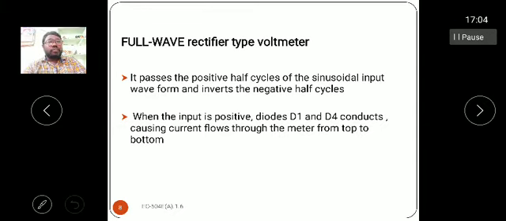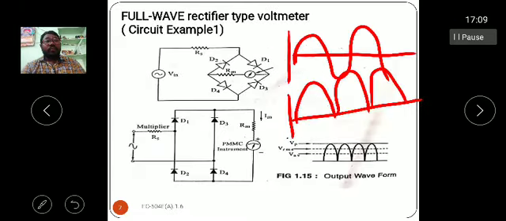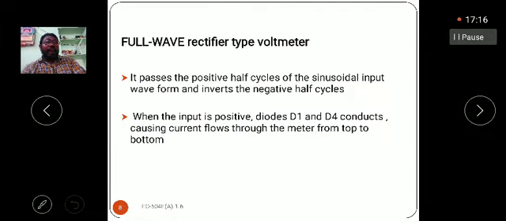When the input is positive, diodes D1 and D4 conduct, causing the current to flow through the meter from top to bottom.